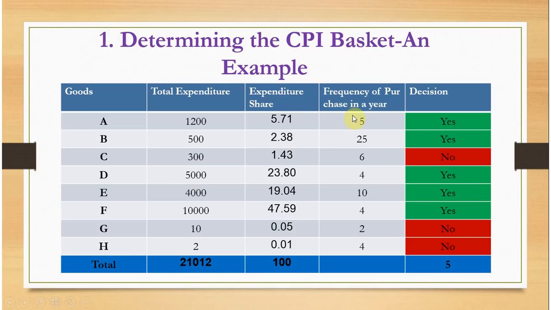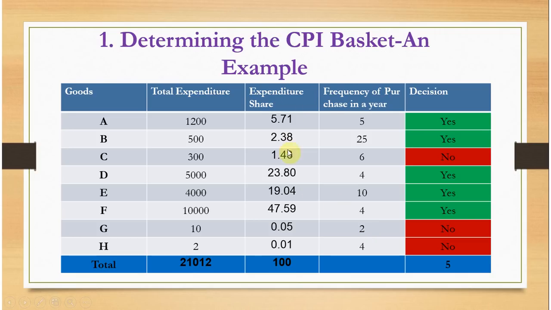Another criterion is the frequency of purchases of goods and services. This column shows how many times the goods and services are purchased during a period, for instance, a year. So, good B is typically purchased 25 times a year, whereas good Z is purchased only twice a year.